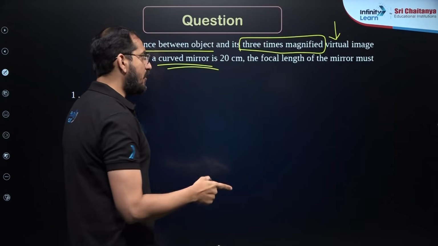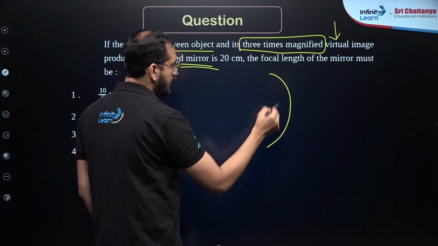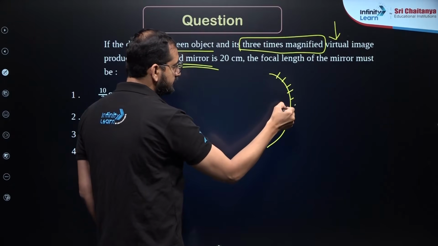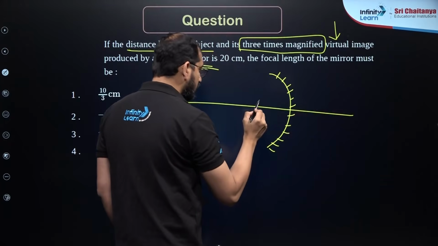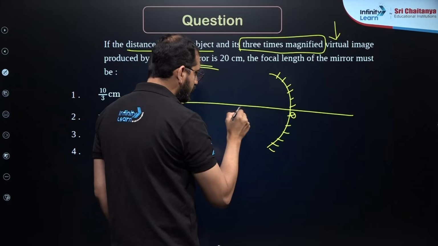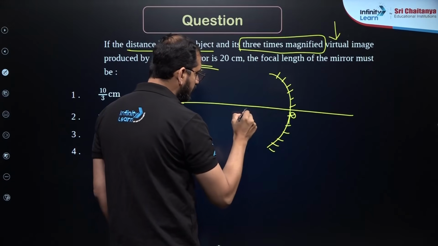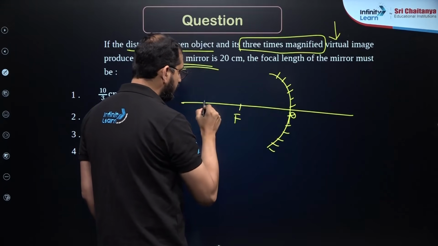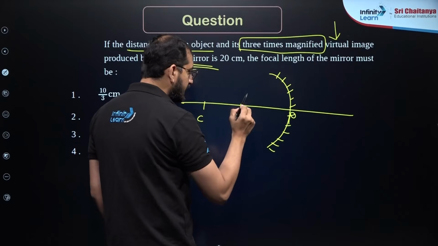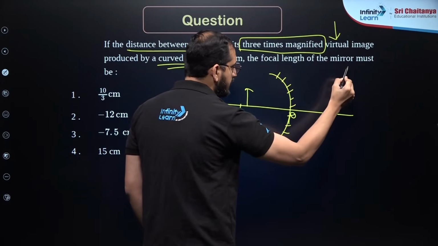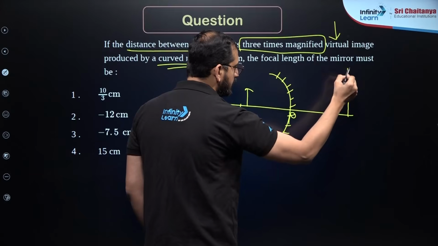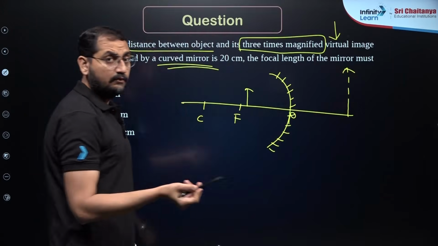When it happens, it only happens for a concave mirror. So this is the pole, this is the focus, and this is the center of curvature. If I keep the object between focus and the pole, the image formation happens over here, which is a magnified image, and it's a virtual image.